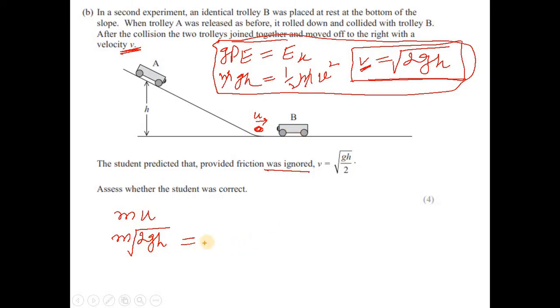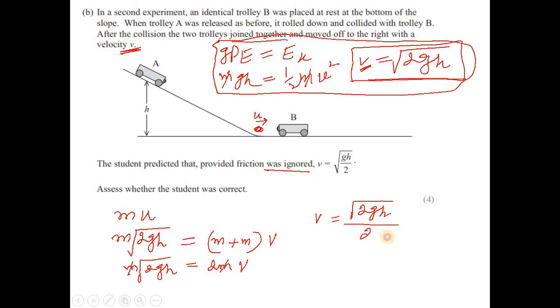So total momentum after collision would be m plus m, total mass, into velocity v, and clearly you can say that m times root 2gh equals 2m into v. m gets cancelled, so v is equal to root 2gh divided by 2.